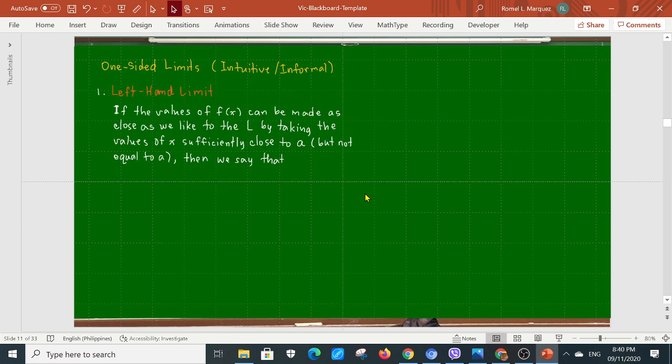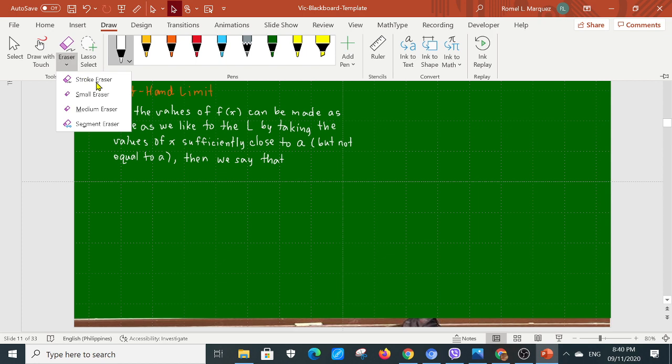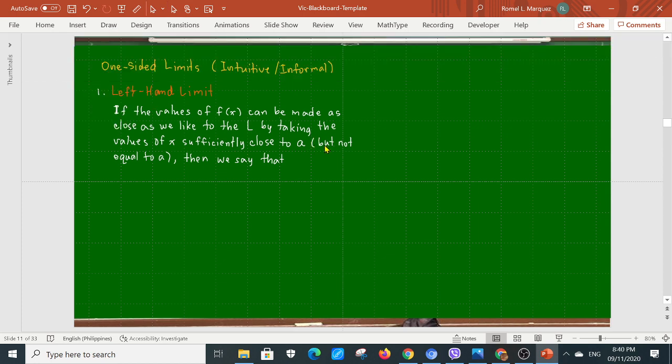If the values of f of x can be made as close as we like to the number L by taking the values of x sufficiently close to A from the left. Lalagyan lang natin ng word from the left. Close to A from the left.